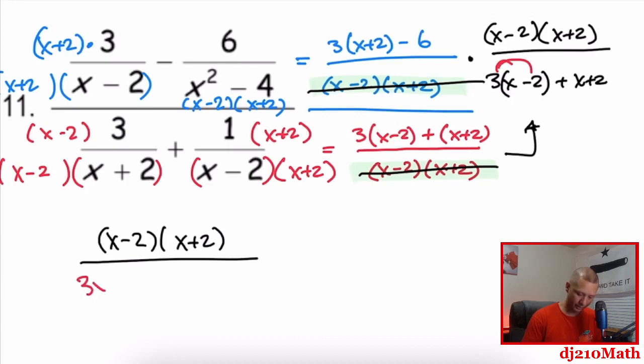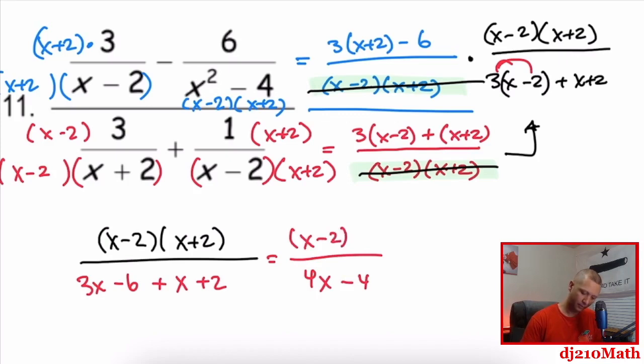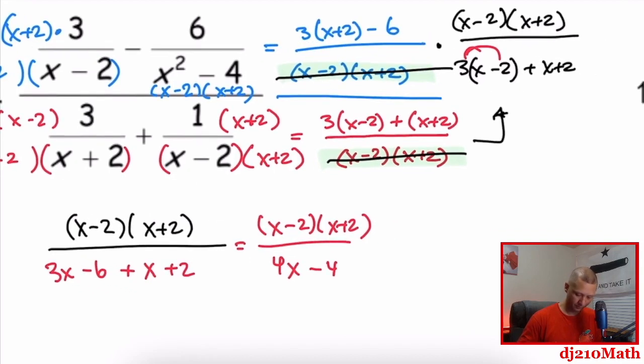This is going to be 3x minus 6 plus x plus 2. So then that's going to be 4x minus 4, so we can factor out a 4 from the denominator.